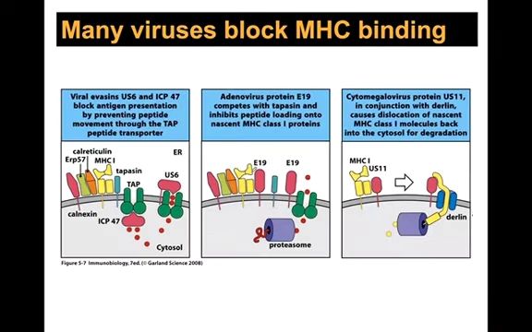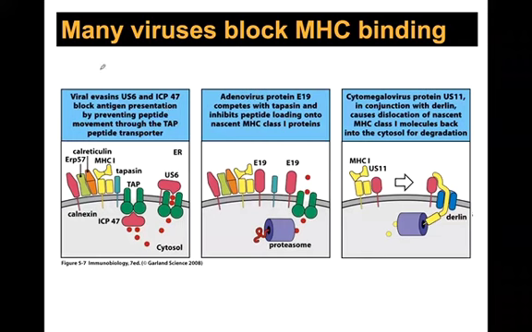Now, this turns out to be a point in antigen processing and presentation that many viruses and some bacteria can block. We'll come back to this when we talk about specific diseases and how the viruses are still recognized.